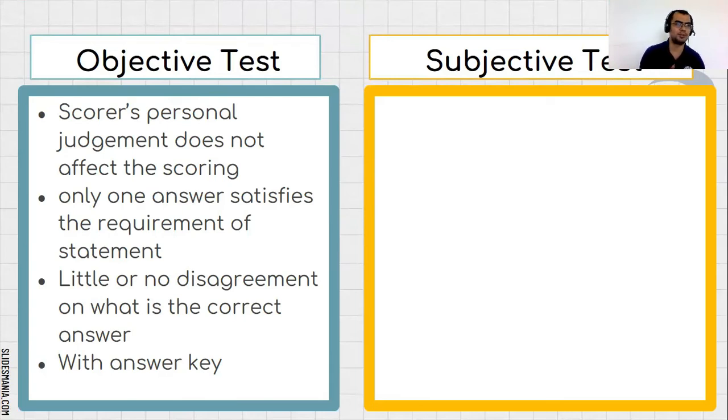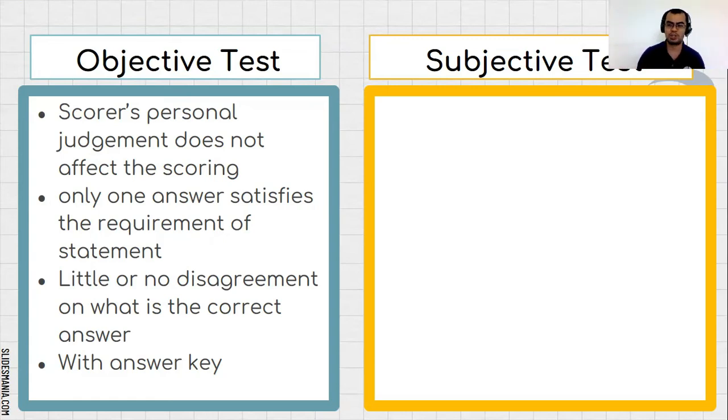They use their background knowledge, their instinct in answering the questions, and they will try to rationalize and reason out why their answer is wrong, and they would try to insist that their answer will be the correct answer. So that's why we have here little or no disagreement on what is the correct answer.